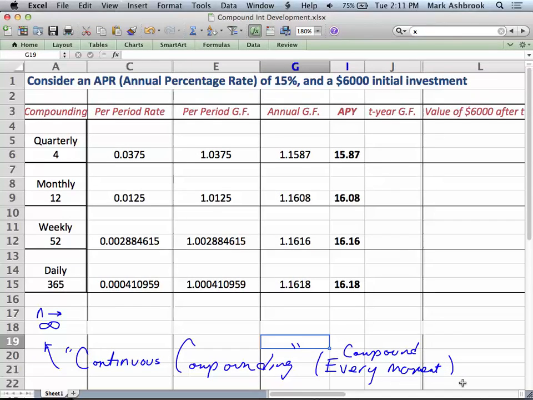In a teeny little moment of time, we calculate that teeny amount of interest and we add it back in. And in the next teeny little moment of time, we calculate that teeny little bit of interest, add it back in. We do that every moment for the whole year, okay? And so that interest keeps building on the interest, little teeny bits at a time, all the way. Okay, so if we do that, then that means this APY is just going to get infinitely large, right?